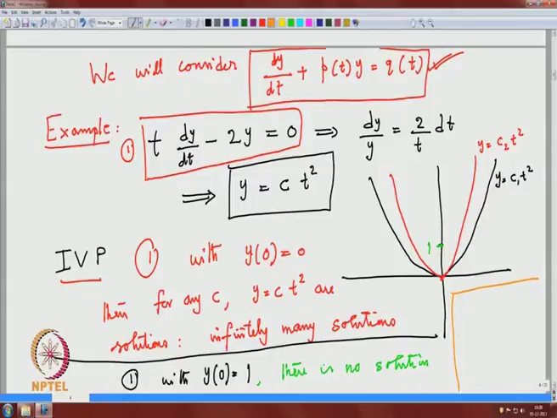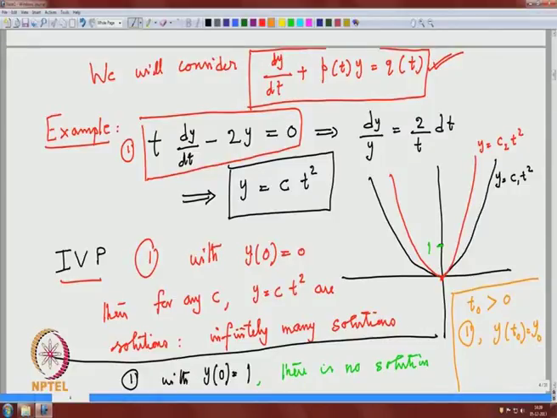You can also have a situation where I take the same problem, but try to avoid t naught, say t greater than 0 for example. I consider this ODE 1, sorry, not PDE, this ODE, together with the initial condition y at t naught equal to any number y naught.